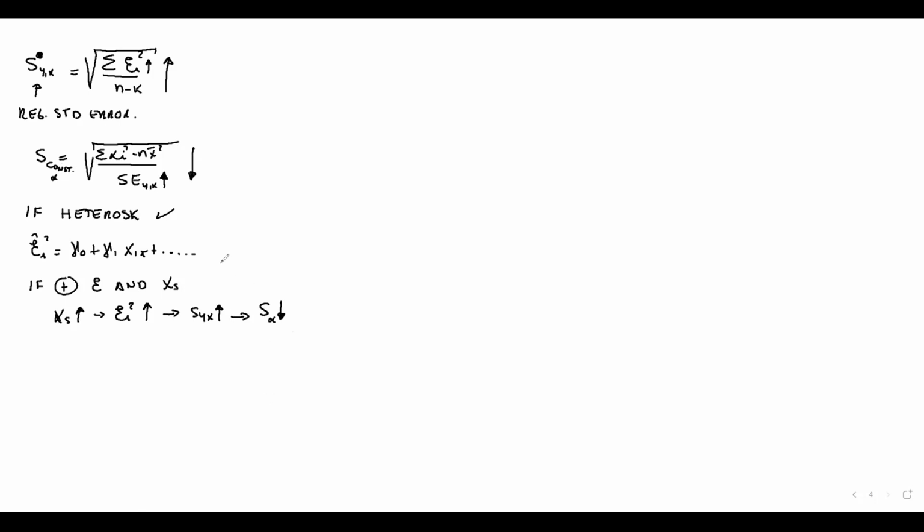Okay? So when you have heteroskedasticity, guys, the parameters are still consistent, unbiased, sorry. Okay, so this is good. So your coefficients, your parameter estimates are not going to change.